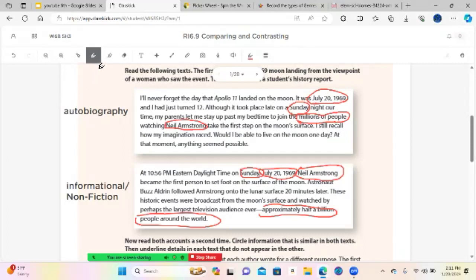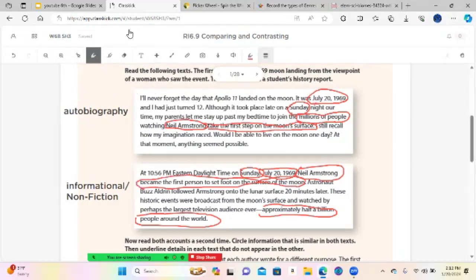So here it says Neil Armstrong took the first step on the moon's surface. And then in the next one, it said he became the first person to set foot on the surface of the moon. So that's also similar.